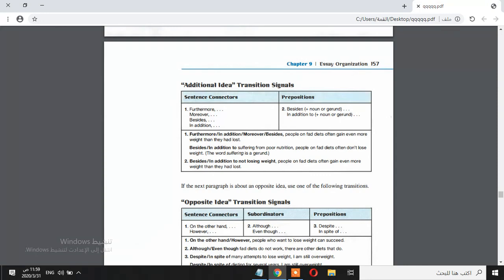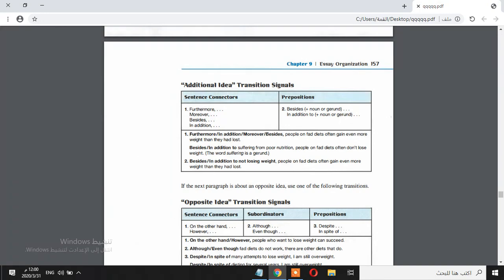I believe that you have noticed that besides appears as a preposition and appears as a sentence connector. But you need to know that if we use besides as a preposition, it is followed by a noun or a gerund, very much like in addition to, which is followed by a noun or a gerund.